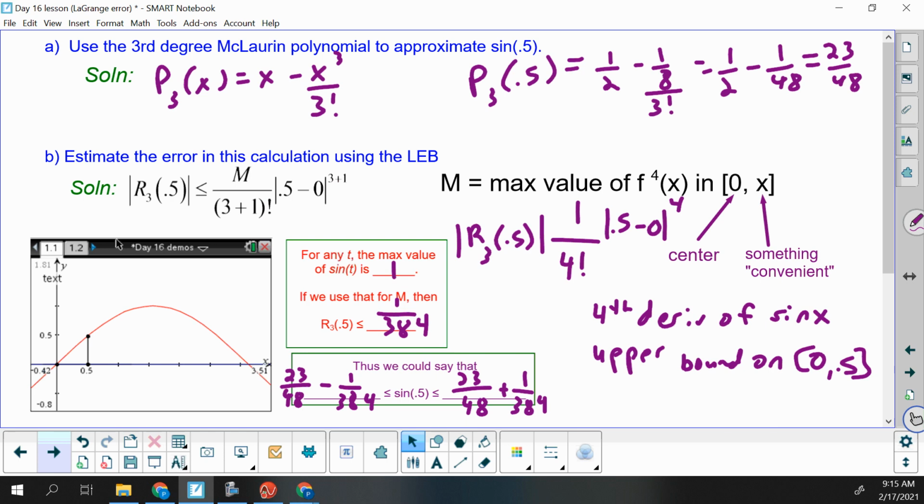So we can be confident that sine of 0.5 is in between there. Now you will often see those fractions not combined. You'll see them separate with the subtraction and the addition, so it is easy to identify the approximation and the remainder value in that.